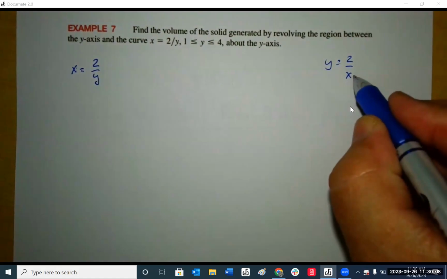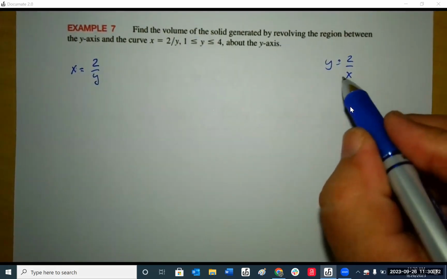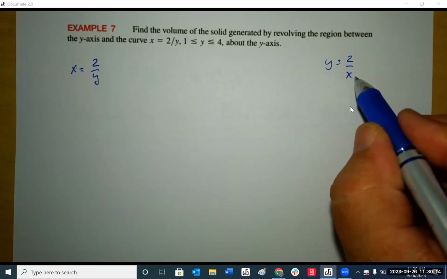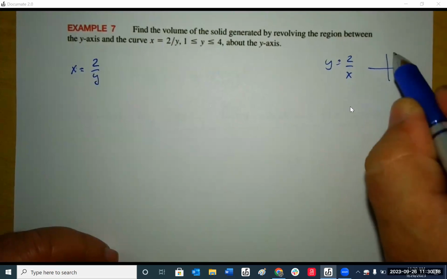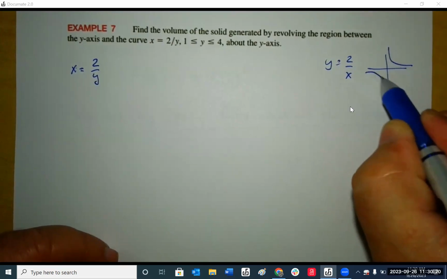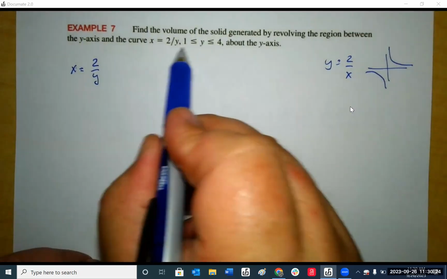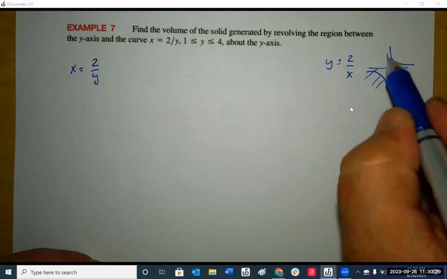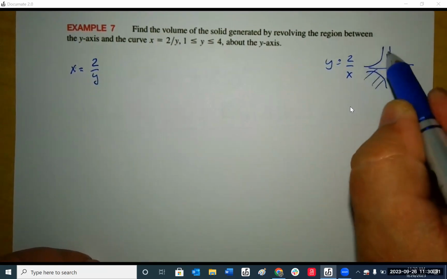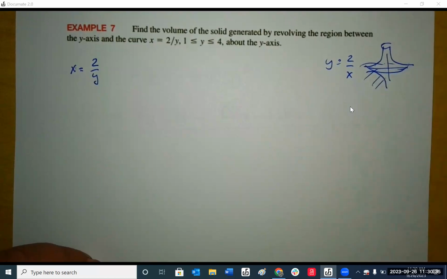Yeah. So the larger x gets, the smaller y gets. But the smaller x gets, the larger y becomes. So the graph of this one would look like this. And since we're only dealing with the positive side, we're going to look at this. And when we rotate it about the y-axis, this is what we're going to have.